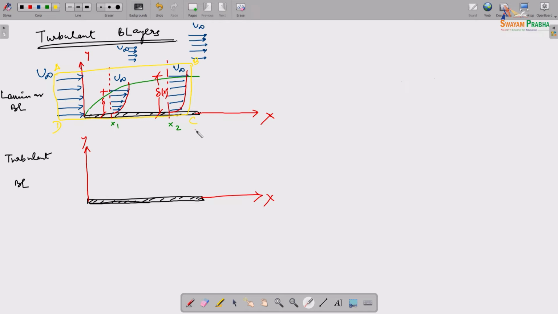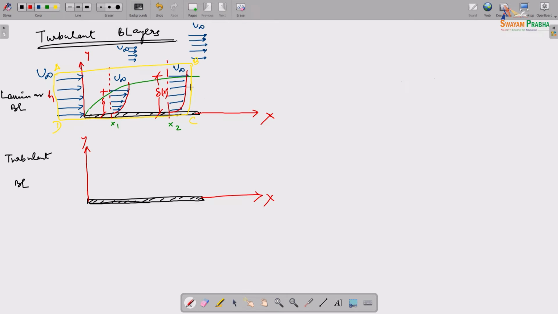If I took just this height, let us say the height AD is equal to h, and BC is also equal to h, I am not going to get the same momentum.